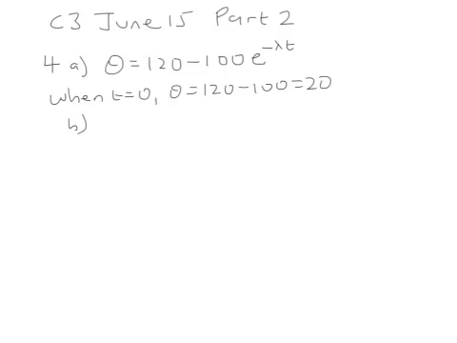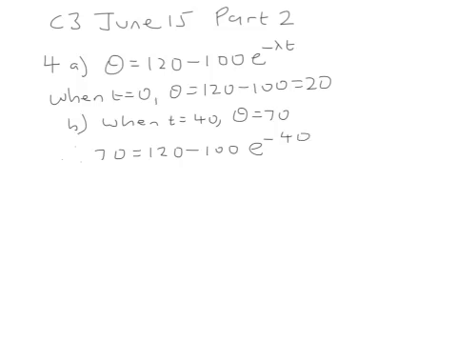In part B, we're told that when t equals 40, the temperature equals 70. Therefore 70 is 120 minus 100 times e to the minus 40 lambda. So we need to solve this equation. Let's bring this expression to the left-hand side, bring the 70 over the other side.